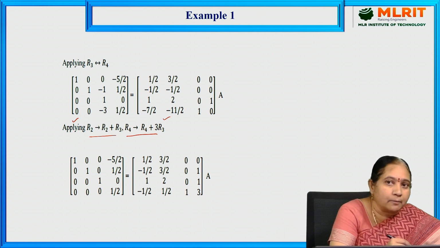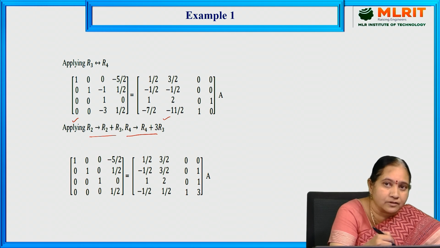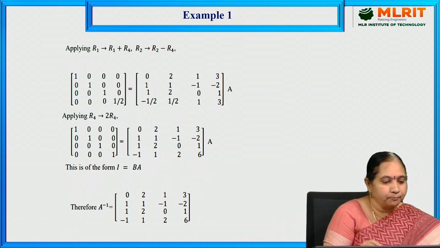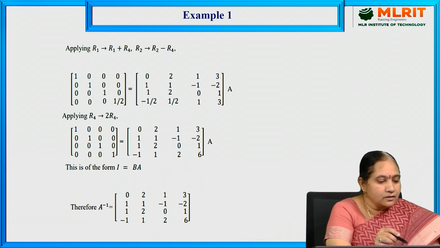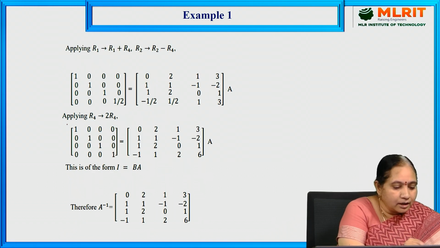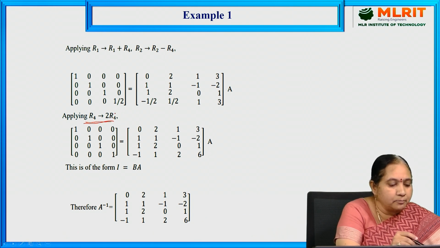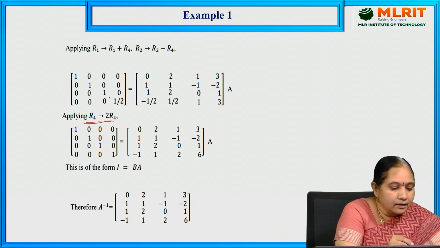So for that we are applying strictly row transformations to reduce the given matrix to upper triangular matrix and also lower triangular matrix. And the same transformations we apply on RHS of this matrix. So then the matrix becomes like this. And so finally, if we apply R4 implies 2R4, that means multiply the fourth row with 2, then we get the last element becomes 1.